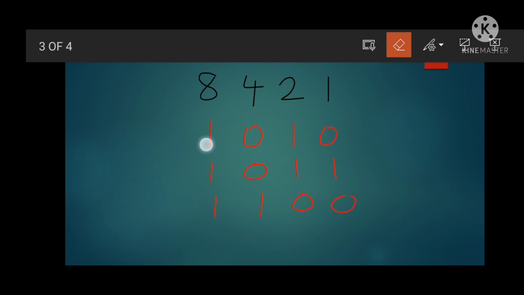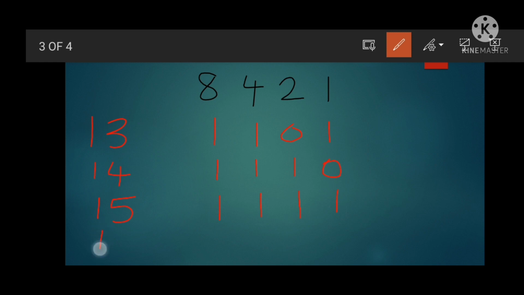Then the next one, 13. 8, 9, 10, 11, 12, 13, 0. And how about 14? 8, 9, 10, 11, 12, 13, 14, 0. Then comes 15. 8, 9, 10, 11, 12, 13, 14, 15.